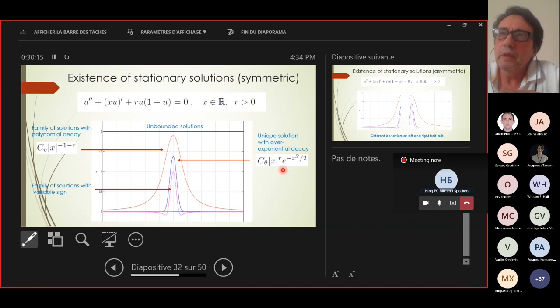It decays with the rate e to the power minus x squared, with some polynomial factor. It's not just e to the power minus x squared as in the example, but here also this factor x to the power r. So if r is 0, it's exactly what we saw before. Now there is this factor and also some constant. So in fact, there is a unique solution which is like that.